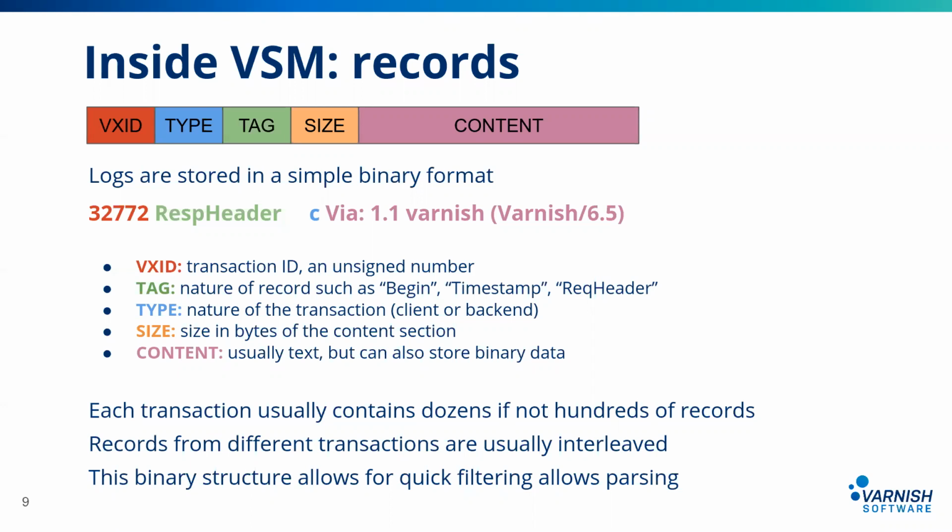And this is where we start departing from the status quo. We have inside a transaction tens or hundreds of records. So the amount of information that we log is an order of magnitude or 2 above the usual. And we're going to see how we can use that to our advantage.